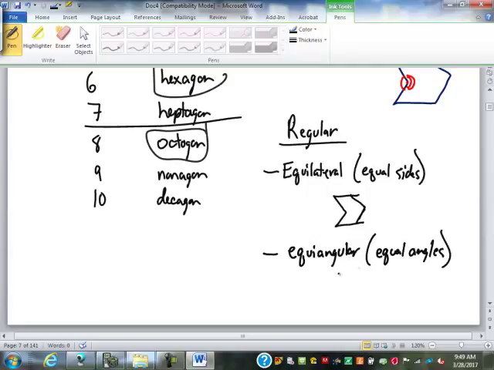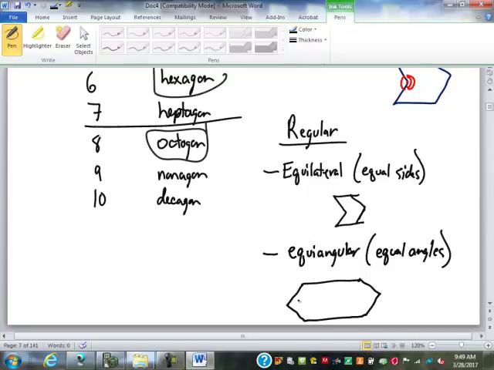Again, that's not enough alone to be regular, because I could have all those angles the same, but it's just one set of sides is stretched out or whatever. If I'd drawn that well, all the angles would be the same at least. So to be regular, it has to be both equilateral and equiangular. So in other words, all sides are equal, all angles are equal to be regular.